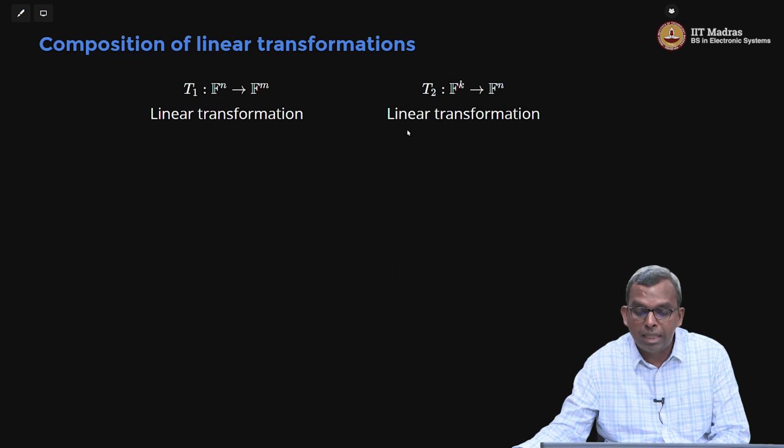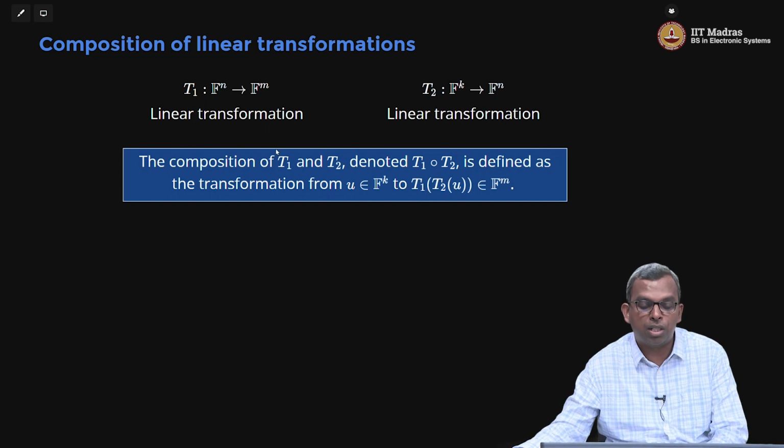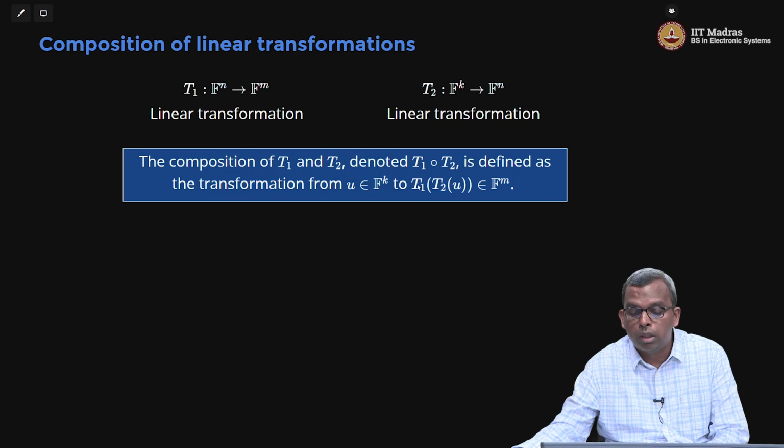Okay. So, in this situation, when the space of output of T2 matches with the space of input of T1, you can do a composition. How do I define the composition? Composition of T1 and T2, denoted T1 circ T2, is basically defined as a transformation from a vector u which is in Fk to T1 of T2 of u.